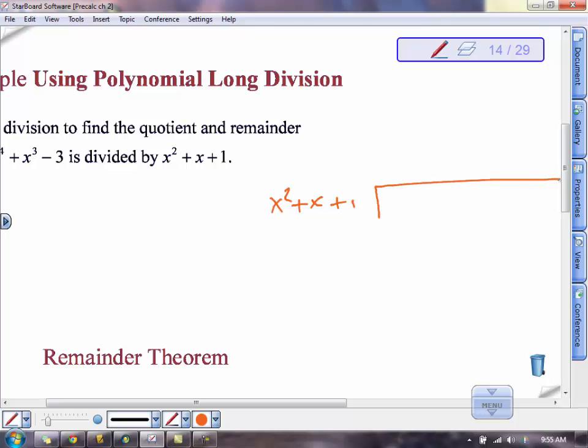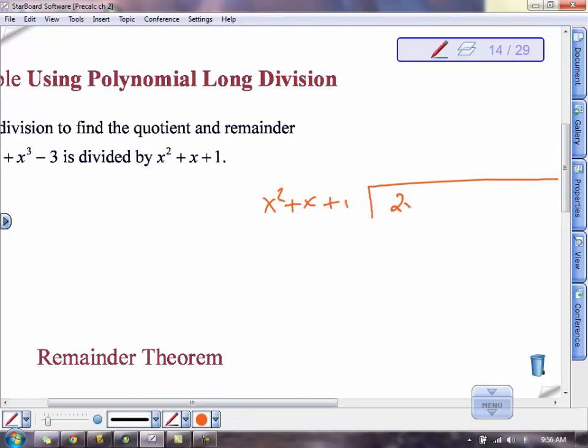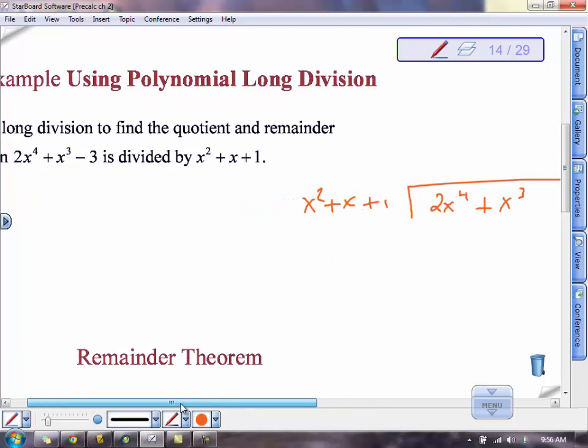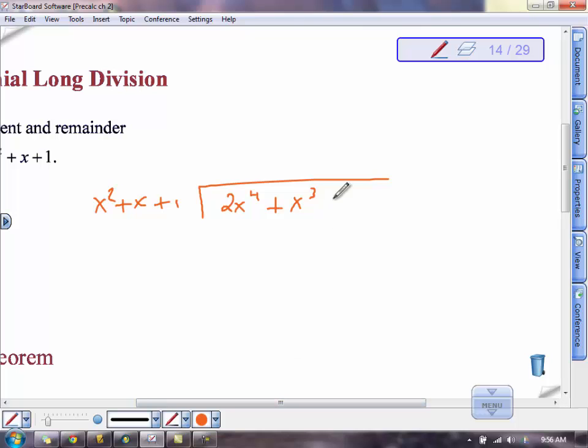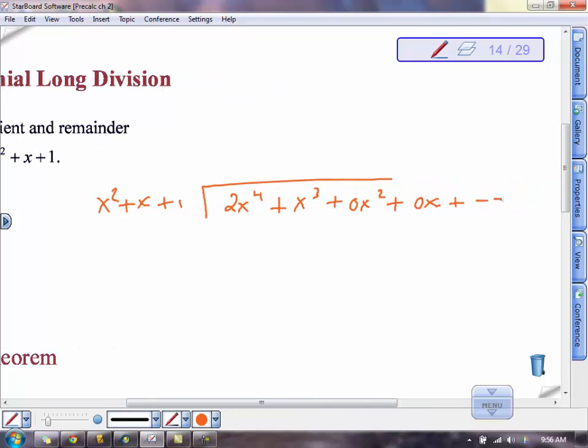I'm going to divide this polynomial into this one, 2x to the 4th plus x to the 3rd, and now I have to say plus 0x squared plus 0x plus negative 3, because this needs to be in standard form when I do long division. That's going to be important.